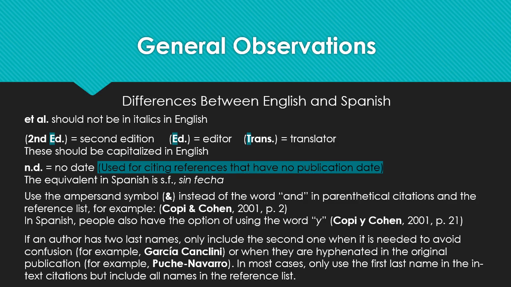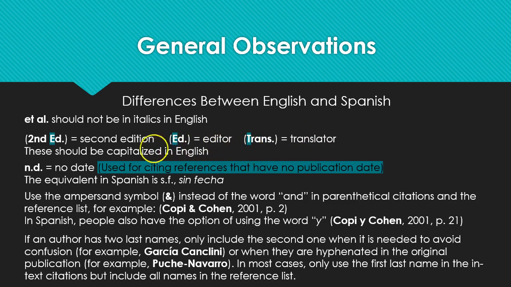In English, et al. should not be in italics, whereas in Spanish it is. Or for example, the abbreviations for edition, editor, and translator in English should have a capital letter, whereas in Spanish they don't.